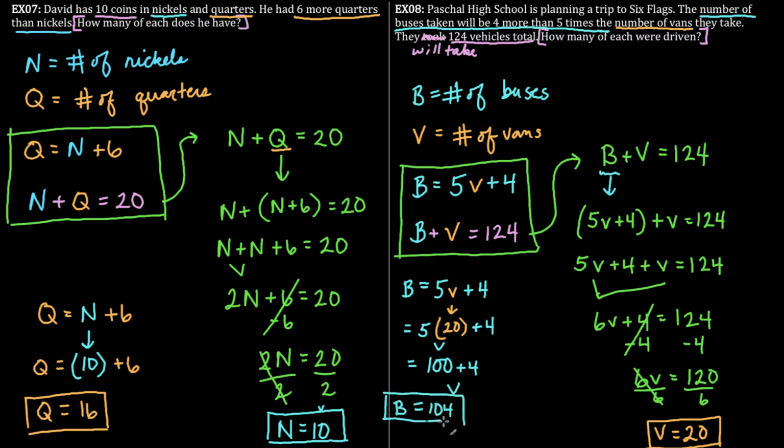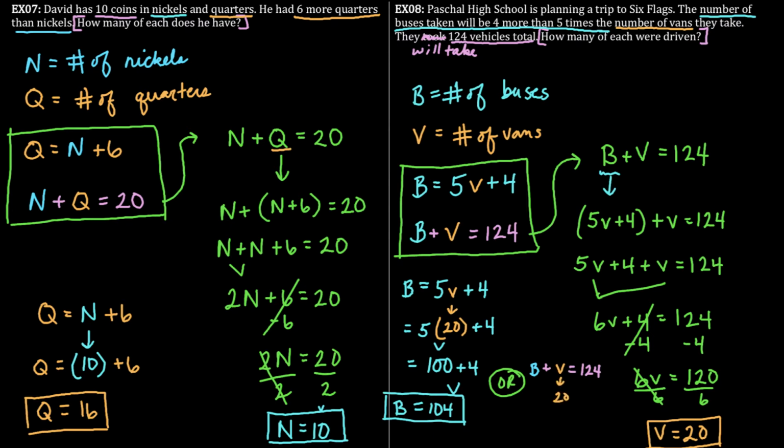Now, if for some reason you want to try the other equation, B plus V equals 124, you could substitute in 20 here.